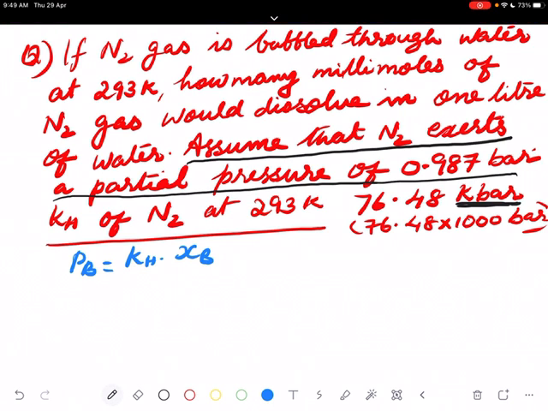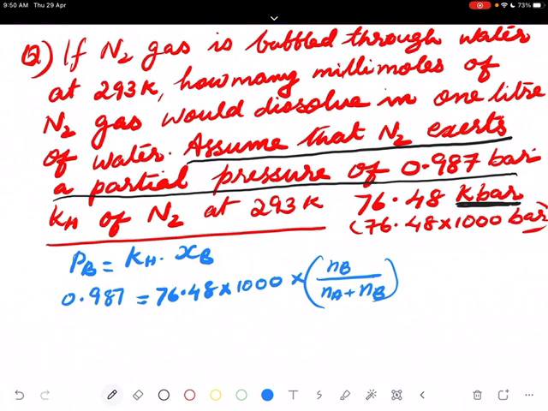What is PB? That is 0.987 bar, which is equal to KH in bar only, that is 76.48 into 1000, into XB. Now, what is XB? XB is equal to NB upon NA plus NB. What is NA?